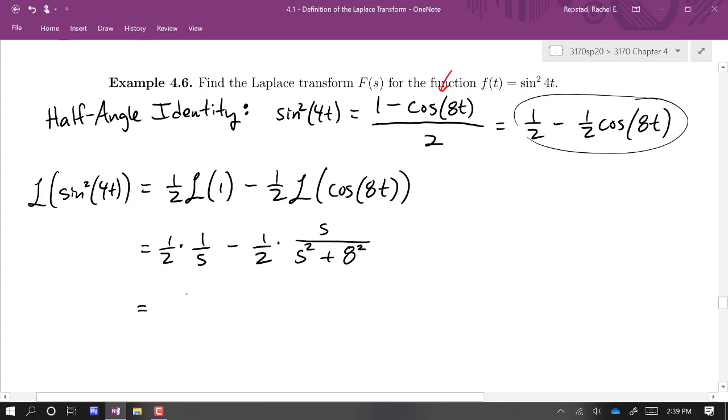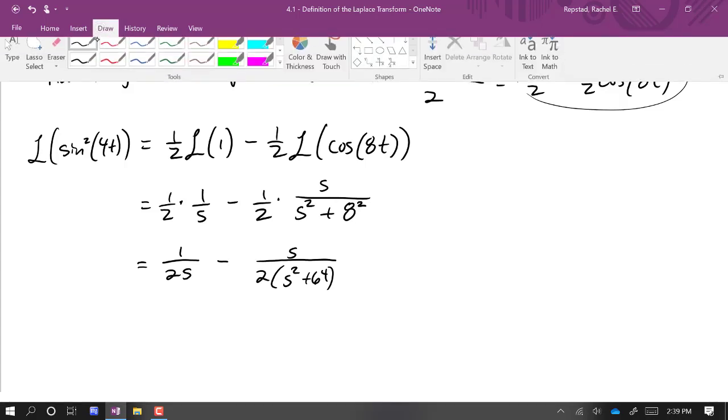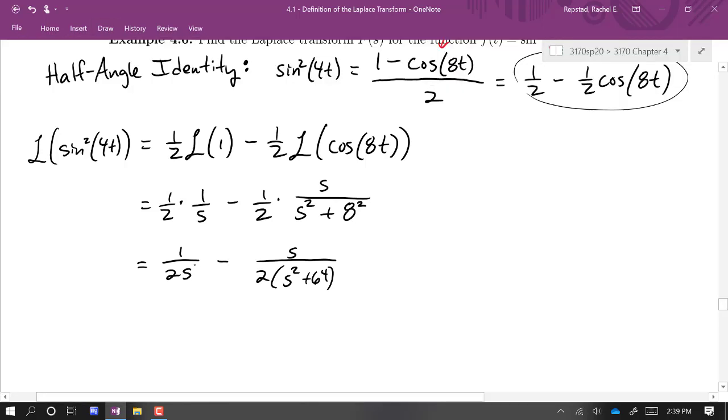Clean this up just slightly. Get a common denominator. The first fraction needs to pick up s squared plus 64, and the second one needs to pick up an s.